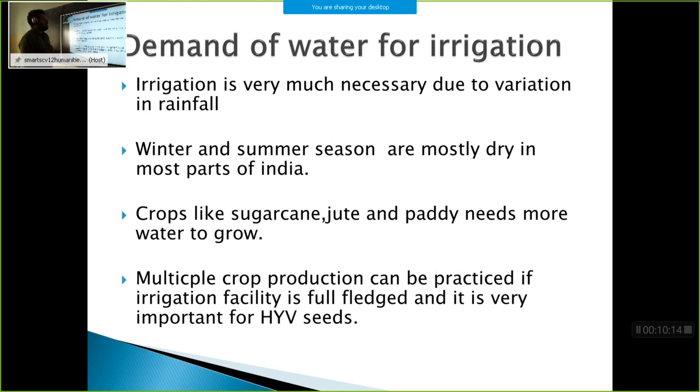Now, demand of water for irrigation. We are talking about irrigation. Irrigation is needed for agriculture. Okay, let's see the demand and what the numbers are in the case of irrigation. Irrigation is very necessary due to variation in rainfall. India has a monsoon type of climate, but it does not matter.